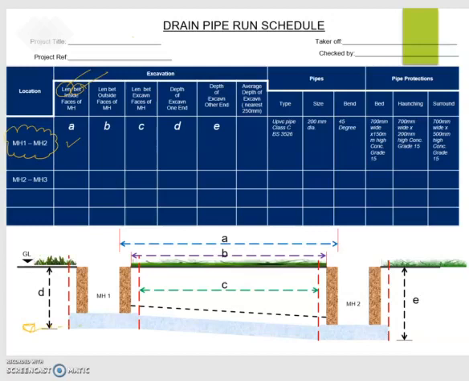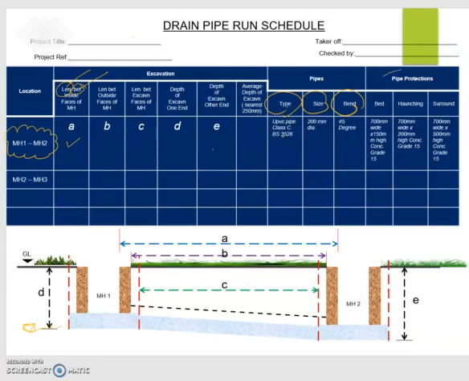This is the depth of excavation, and then you need to know the average depth of excavation, nearest to 250. Then there will be the pipe, the types, the size, and whether you have a bend or reducer. You can add more columns if you have more fittings used in the piping system.